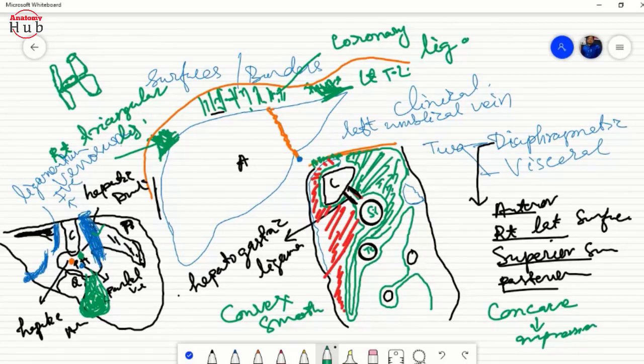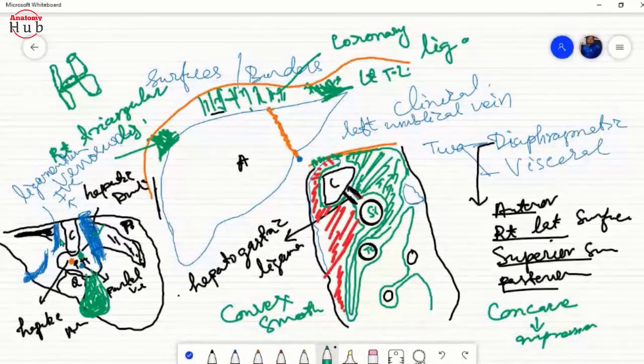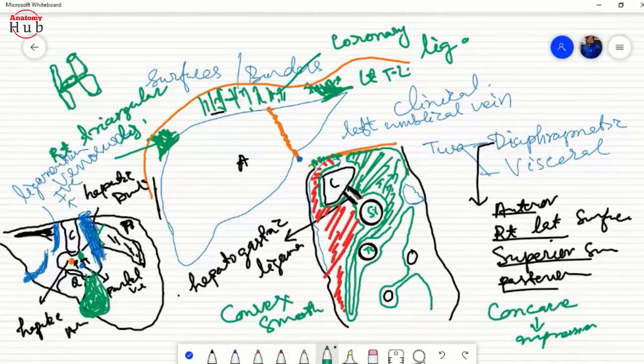If you retract this gall bladder, then also you will find that area is devoid of the peritoneum. So that is also a bare area. And the area behind this ligamentum venosum is also a bare area. So these are the bare areas.